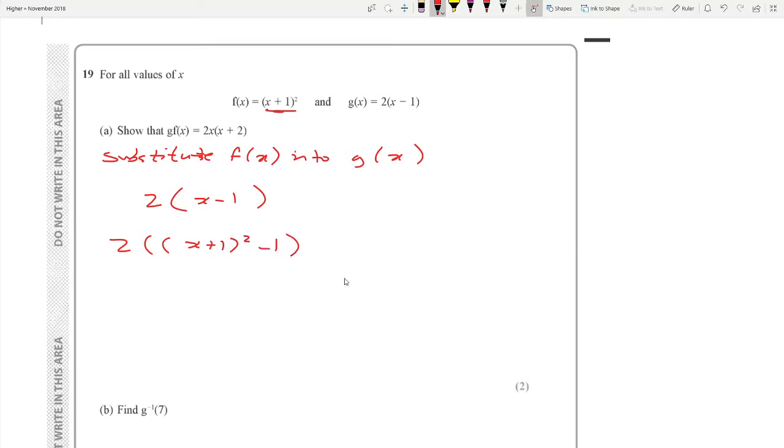Okay, this is what we're dealing with. So let's expand the (x plus 1) squared. We're going to get 2 times (x squared add 2x add 1, and then take away 1). So that's that expanded, and then take away 1, which is that bit there.